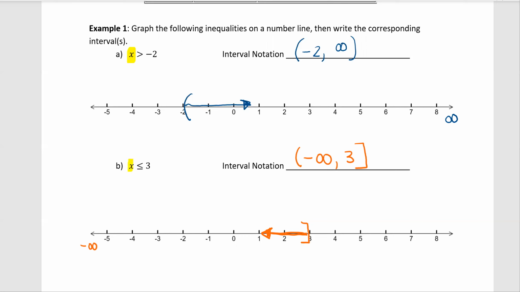Again, the variable is on the left. We shade the direction of the inequality, so we're shading to the left. And then you will always write your interval in ascending order. So the smallest number is on the left, and the largest number is on the right.